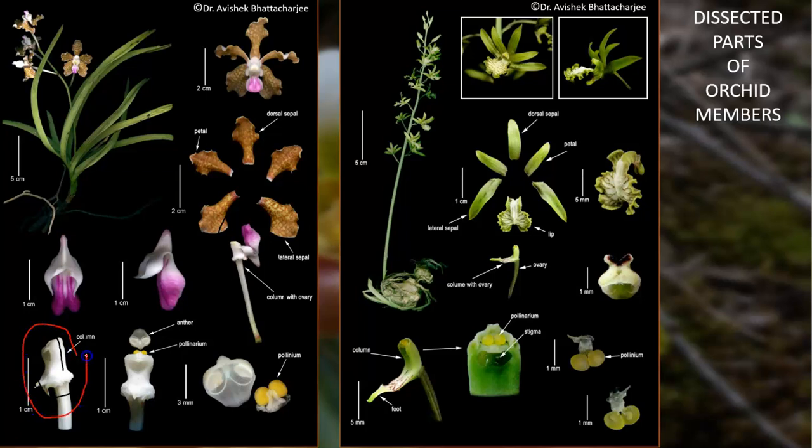That part is a column, and the apex of the column has the anther cap. When you remove the anther cap, inside you find 2 yellowish pollinaria, and here is the viscid structure, that is the stigma. Same in the case of Eulophia andamanensis.